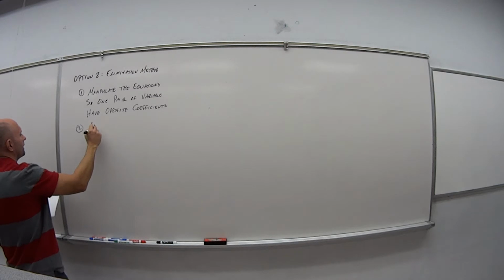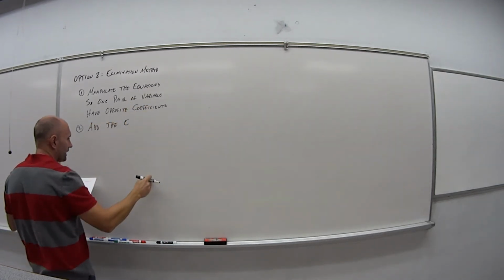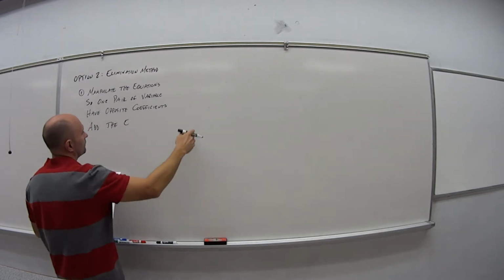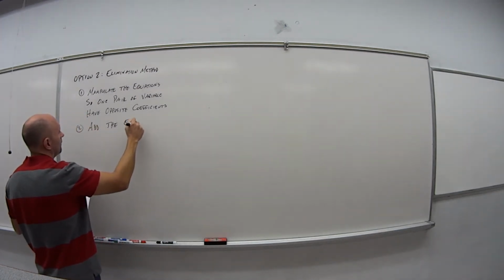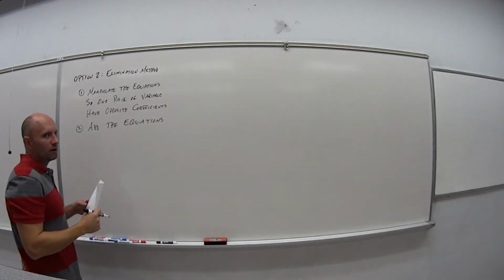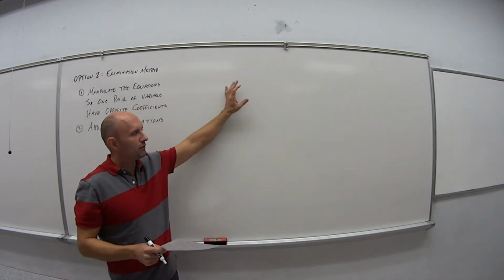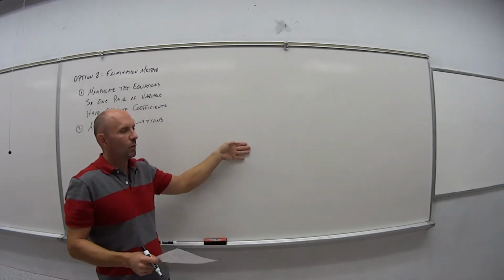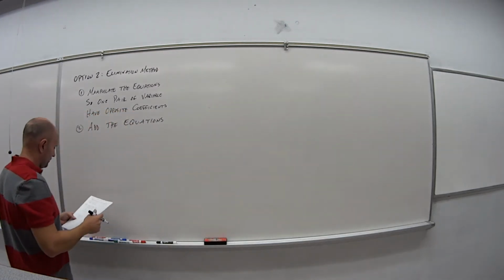Once I do that, I add the equations. So add the x variables down, add the y variables down, add the constants on the right-hand side down. Because one of the pairs of coefficients is opposite, those are going to cancel out. So if I have plus 2x and minus 2x, when I add them, the x variable is gone, and all I have left is the y variable.